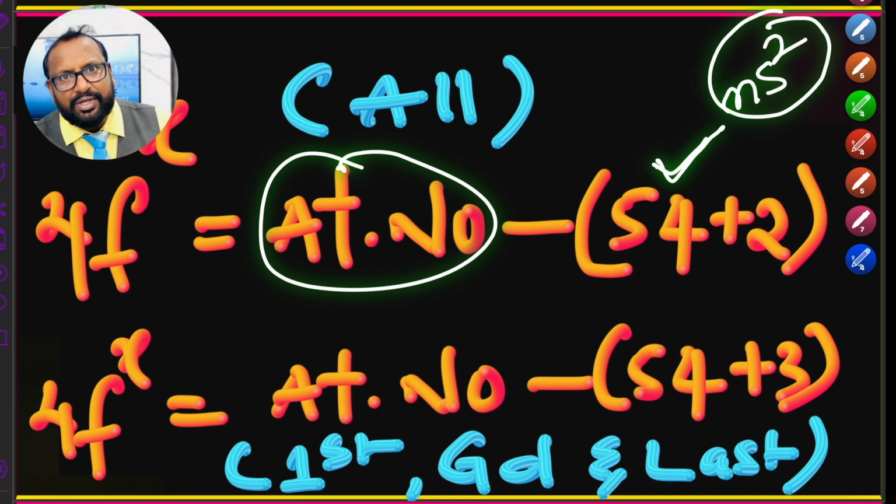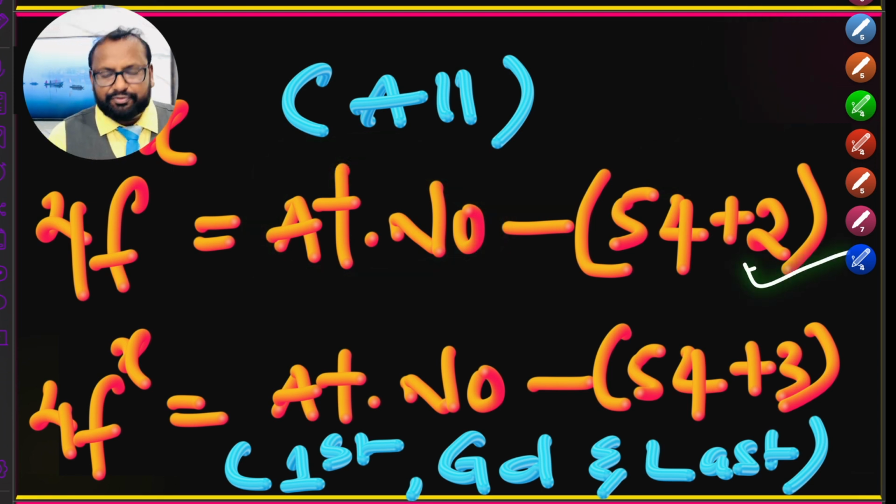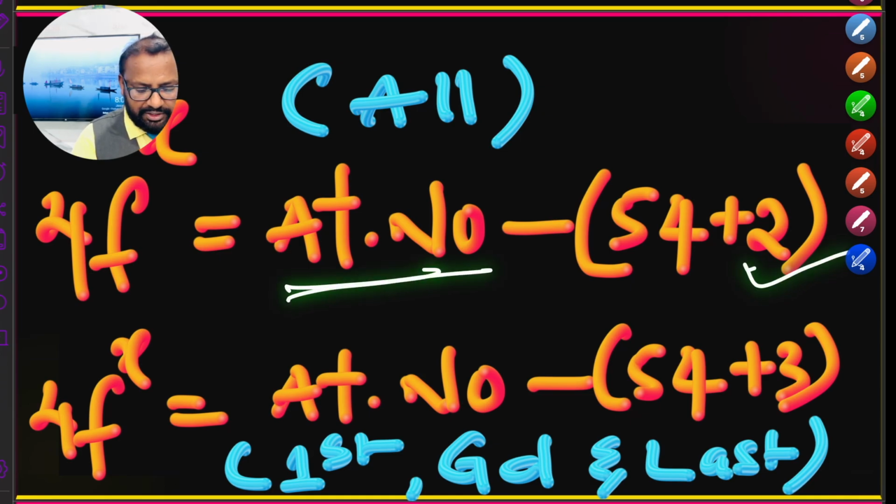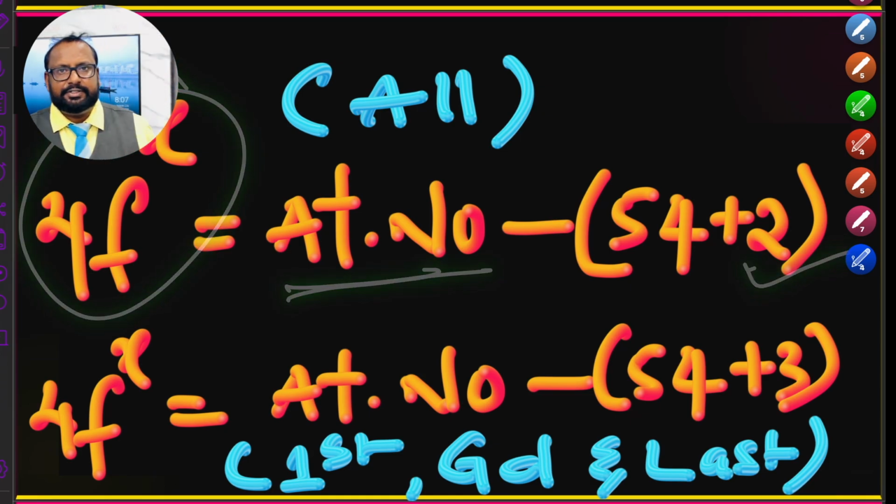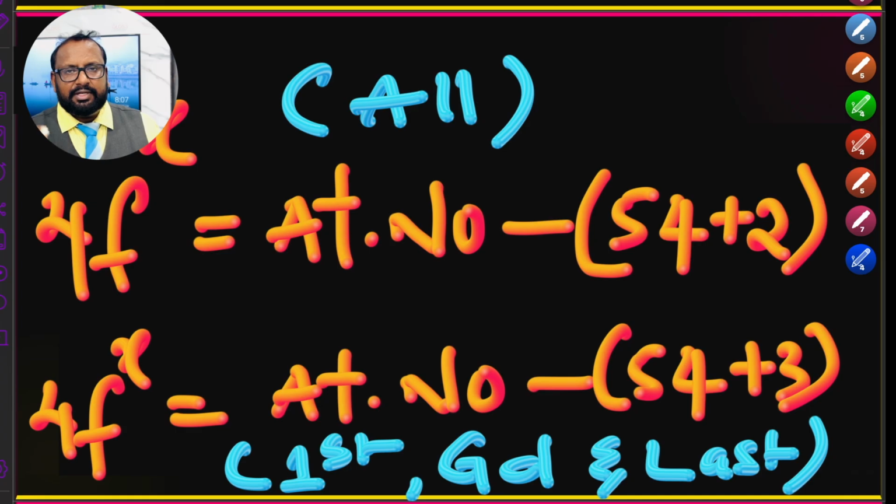These 2 electrons need to be removed as well, so that we are left with all the f electrons.